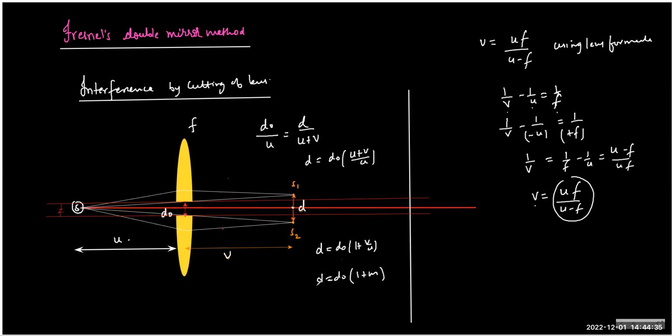And once we have the D, as usual, just call this separation, this is U, and let's say this is L. I'll call it L this time.